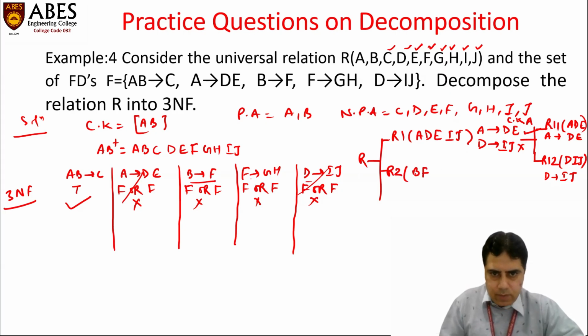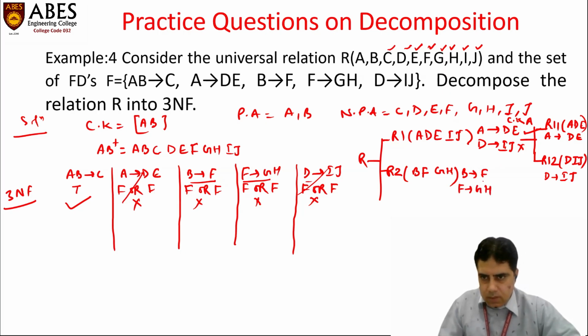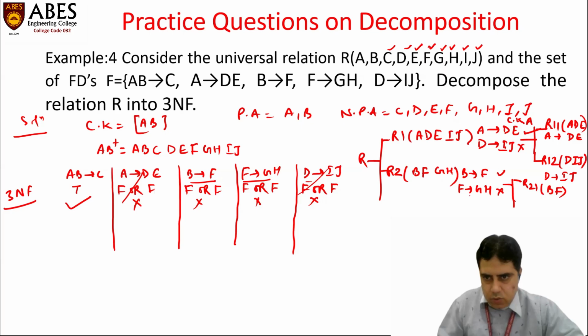The functional dependencies are B determines F and F determines GH. Now the candidate key is B. So this is in 3NF, but this is not in 3NF. Further, we will decompose this relation into R21 and R22: BF and FGH.